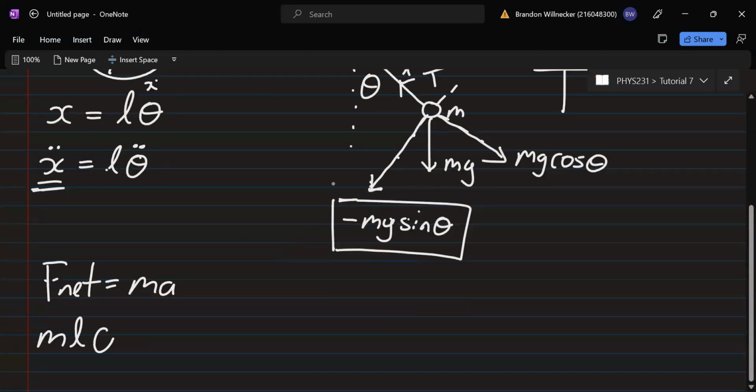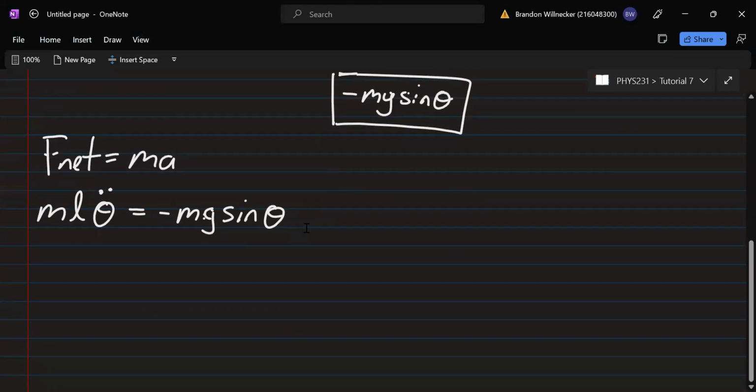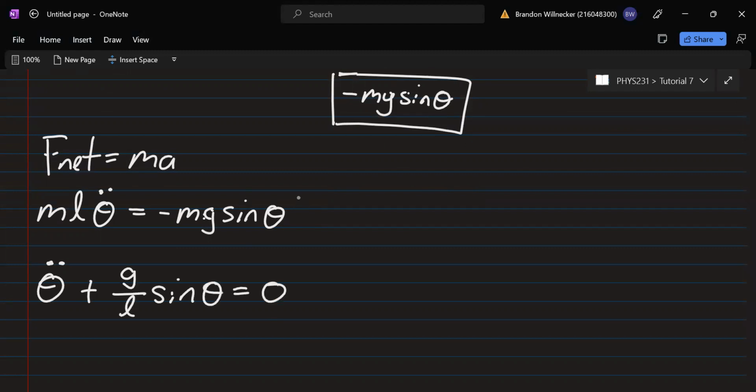So m L theta double dot is equal to minus mg sine theta, because that was our net force that we figured out from the diagram. A little bit of rearranging, and we typically rewrite it like this: theta double dot plus g over L sine theta is equal to 0.